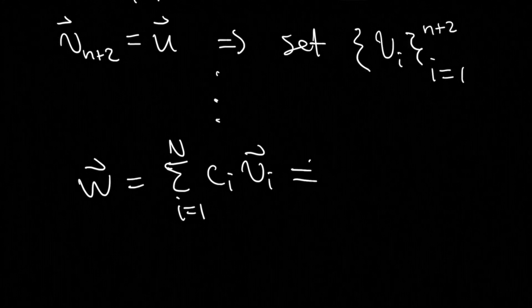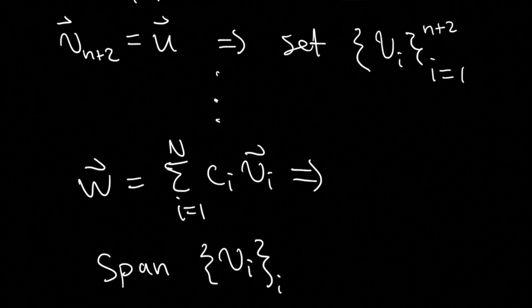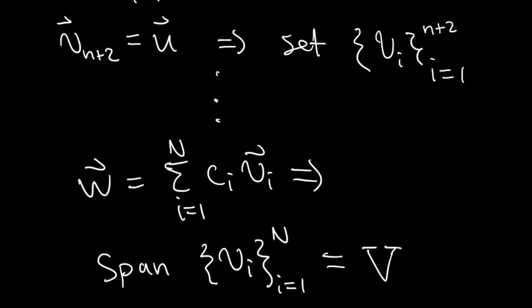That means that the span of this full set is equal to the full vector space. In other words, the set of all linear combinations of the vectors v sub i from i equals 1 to n is equivalent to the entire vector space.